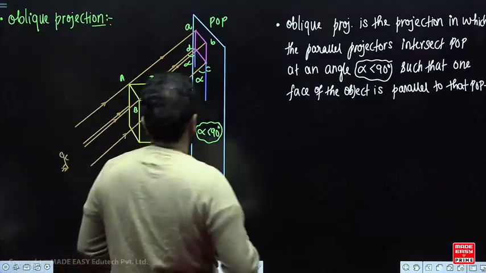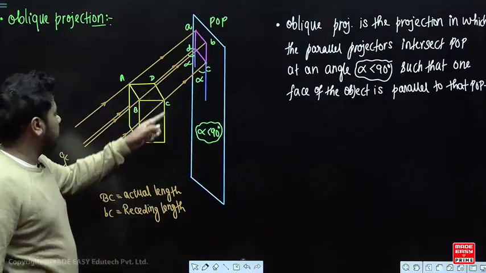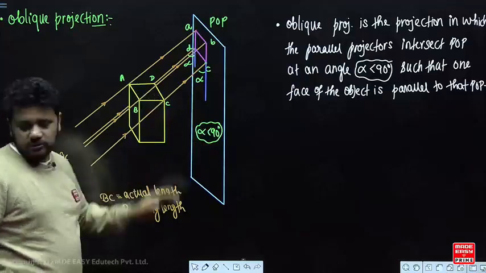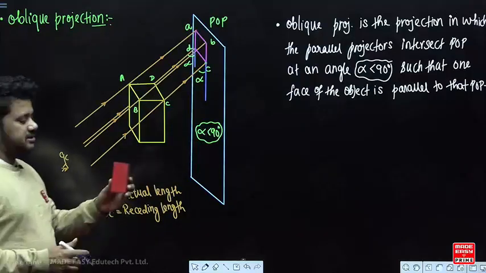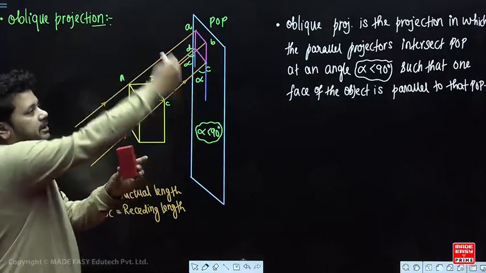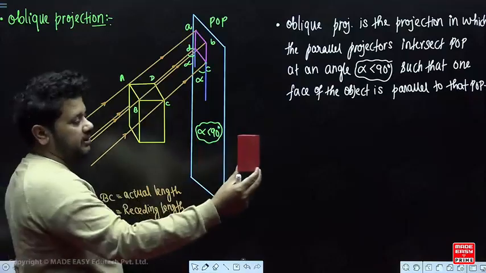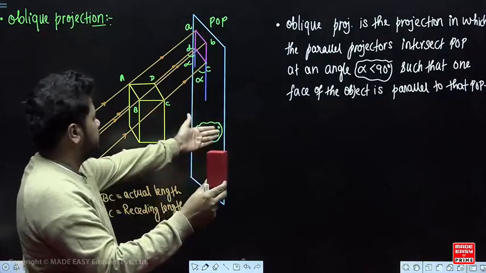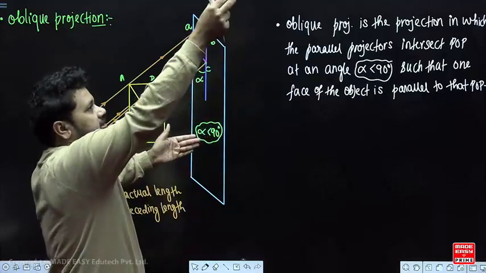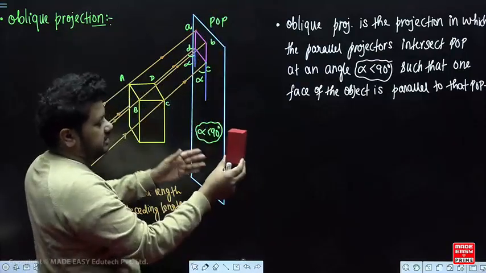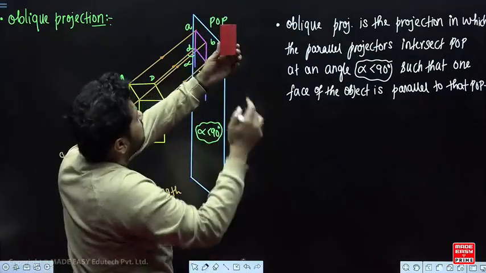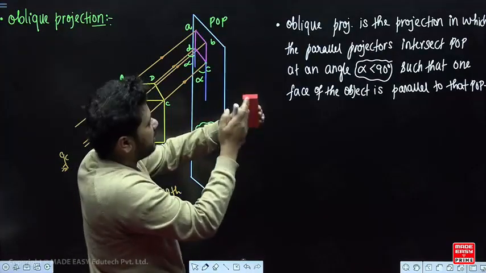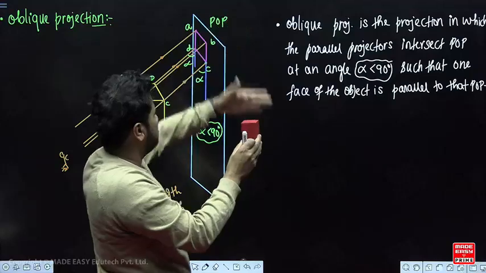Okay. So this object has one face parallel to POP. That means the object should be placed such that this face must be parallel to POP. If I am holding it like this, the ray of vision is exactly perpendicular to POP. But if I place it like this, you will see upward like this. So this face is parallel to POP, but the rays are inclined to POP, isn't it?